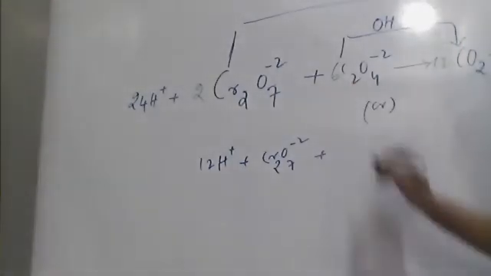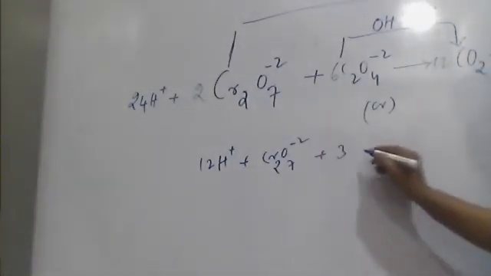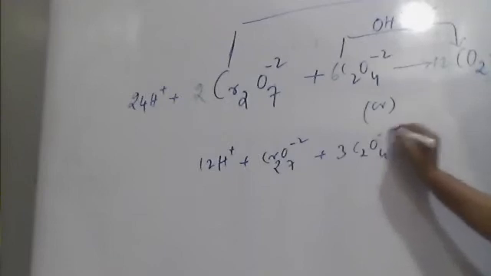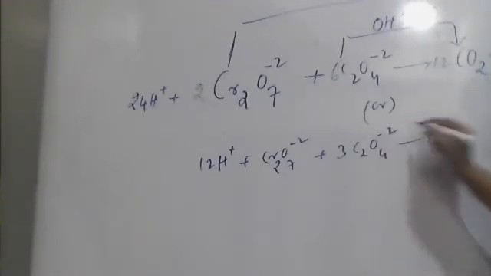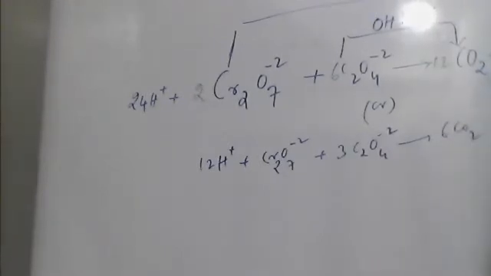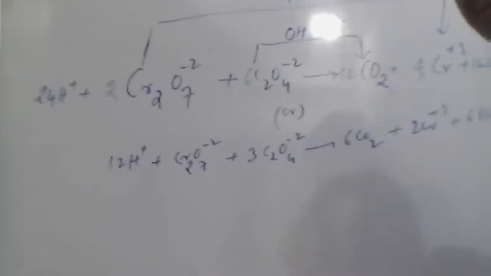Then the 6 will become 3 C2O4 minus 2, which gives rise to 6 CO2, and next 2 Cr plus 3 plus 6 H2O. Now this is the balanced reaction.